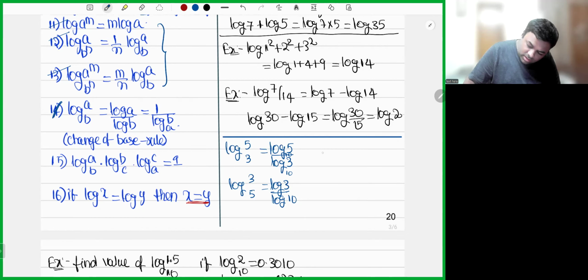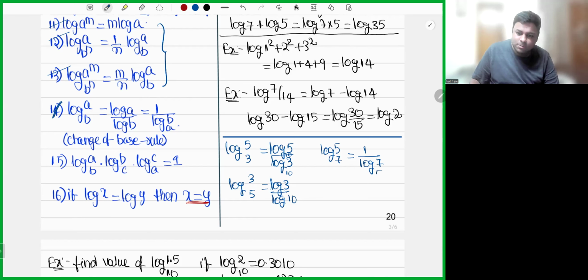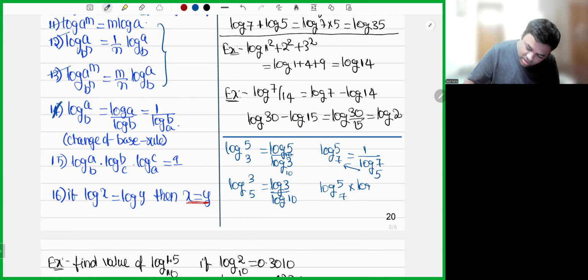I'm having log 5 to the base 7. If I want, I can even write it as 1 by log 7 to the base 5. This is called base shifting. So if I do cross multiplication, my dear friends, obviously log 5 to the base 7 into log 7 to the base 5 will be equal to 1. If you don't agree with this, you can multiply these two and check.